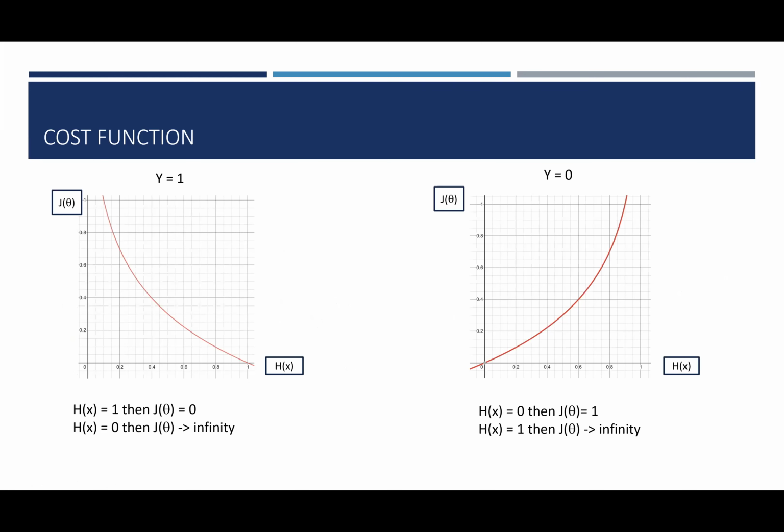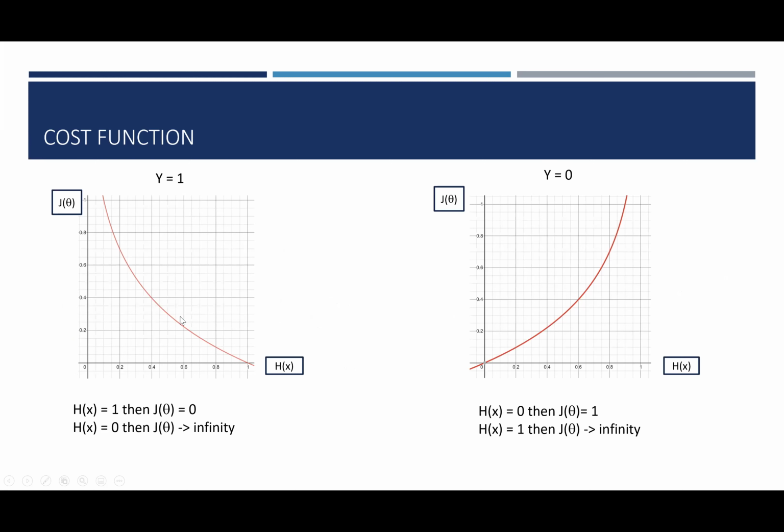And we can go a little bit more into the separate cost function equations. So down below and on this side, you have the case when y equals 1. That was negative log of h of x.